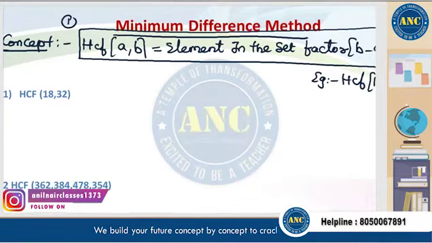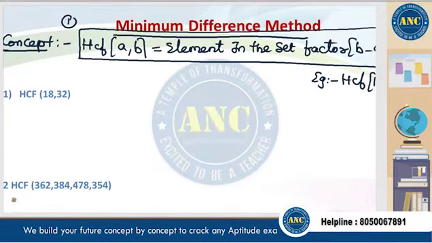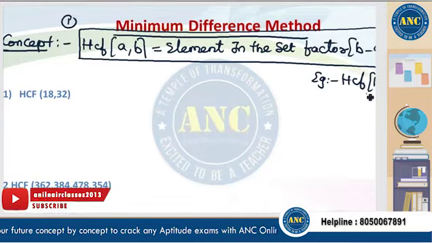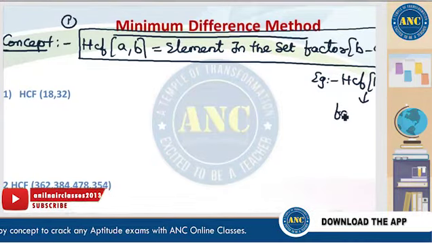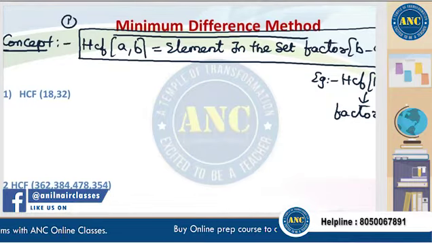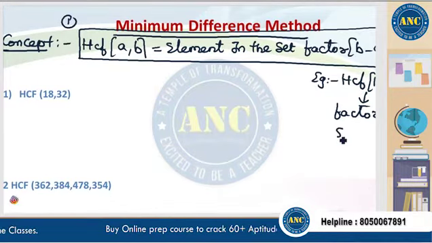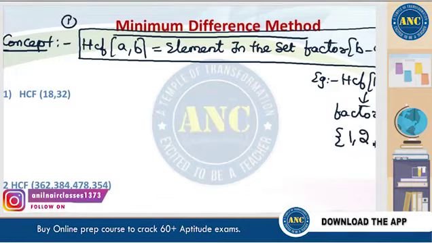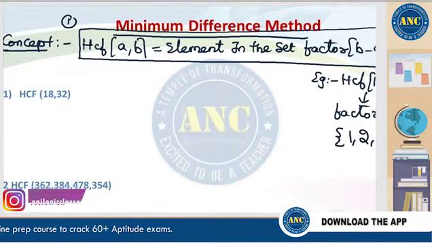What is he saying? HCF of any two numbers is an element in the set factor of B minus A. What is the factor of 25 minus 15? 10. What are the factors of 10? Factors of 10 are 1, 2, 5 and 10.